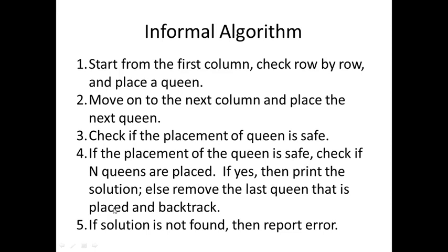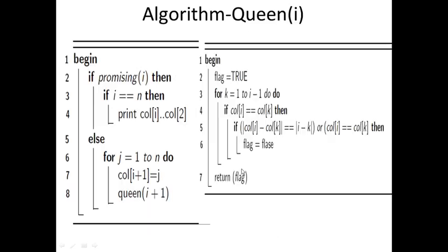If yes, then print the places of the queens as a solution. Else remove the last queen that is placed. You have to remove it, then backtrack to the previous partial solution and start exploring a new solution. And if you cannot find any solution after exploring all possibilities, then report an error. Okay, this gives you the informal algorithm for backtracking.